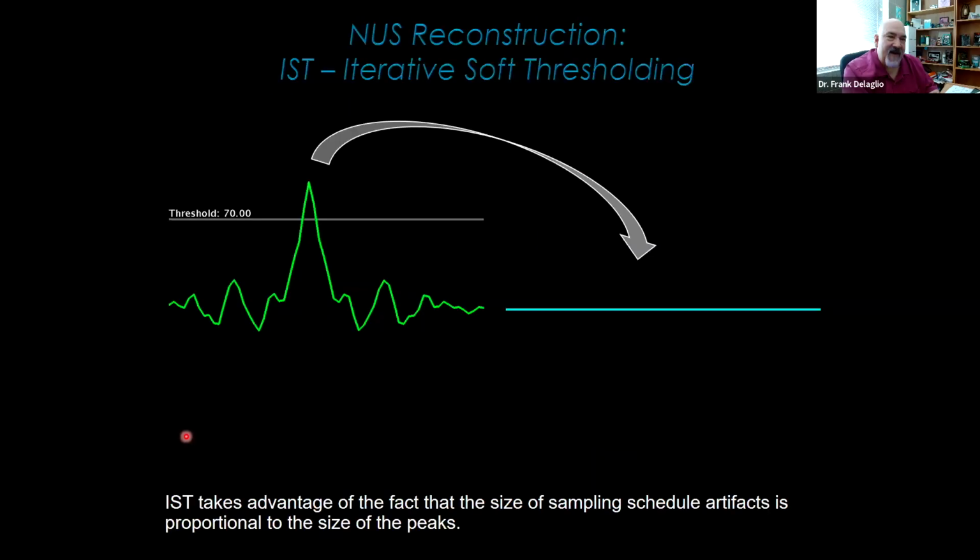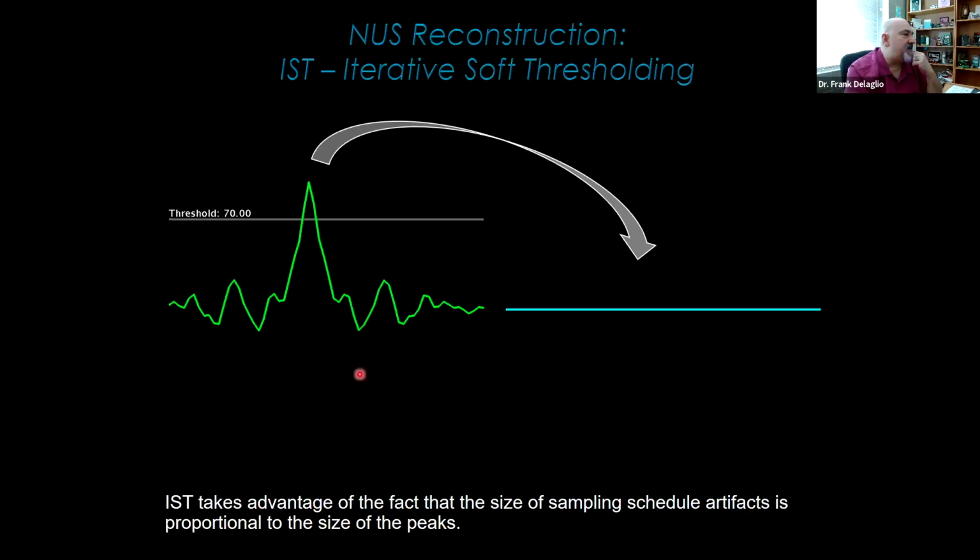How do we generate a reconstruction from this non-uniformly sampled data? We can take advantage of the fact that the reconstruction artifacts that we see in a Fourier transform are proportional to the size of the peaks. All the peaks have the same artifacts. The big peaks have big versions of the artifacts. The small peaks have correspondingly smaller versions of these artifacts.